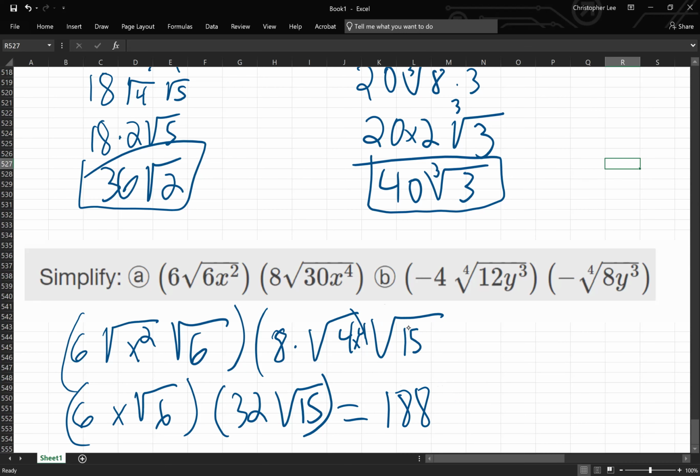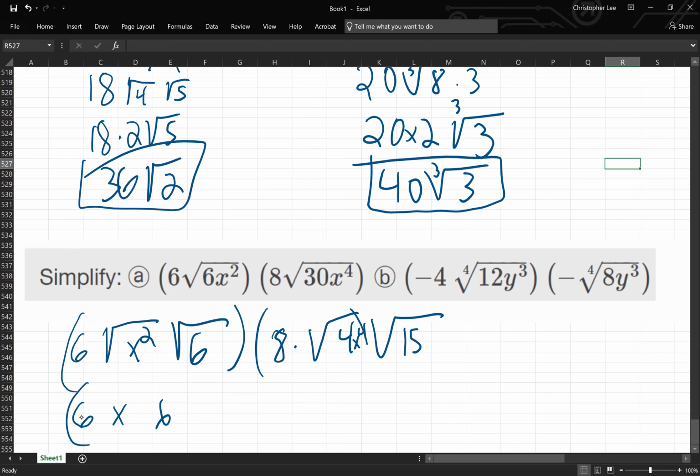Hold on. I am getting tired. Might have to call this a little early. Let me try this again. Hold on. That's a square root.